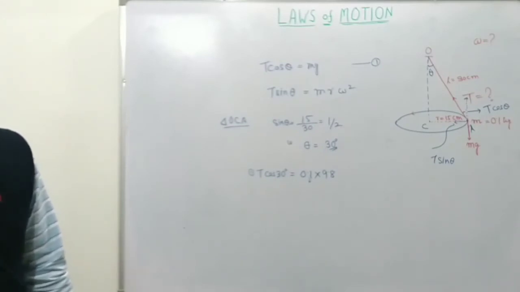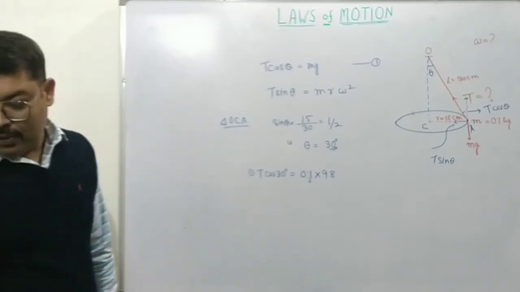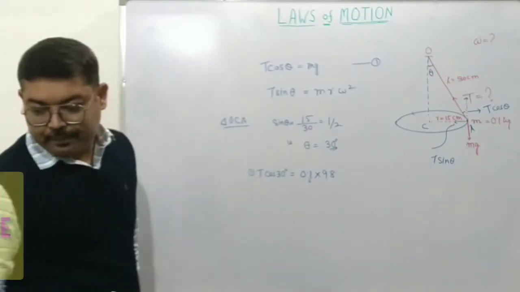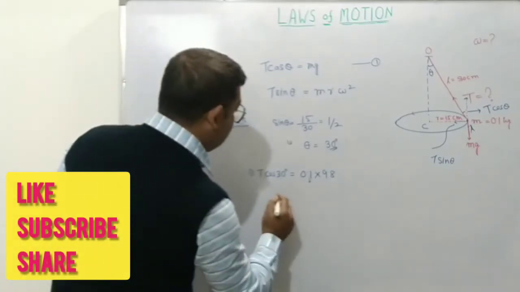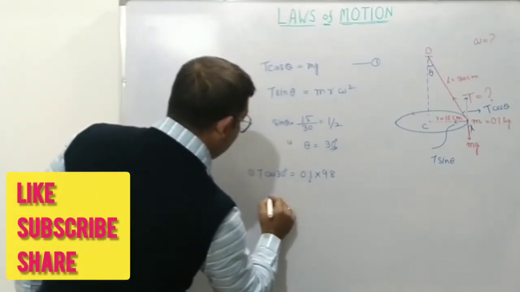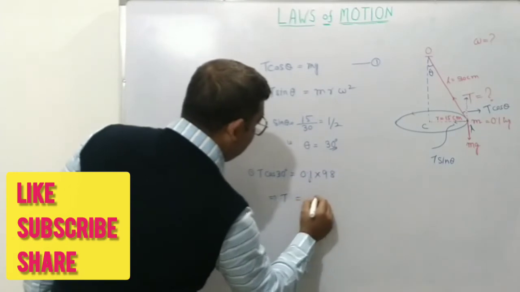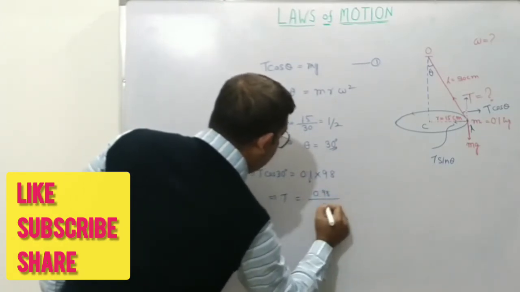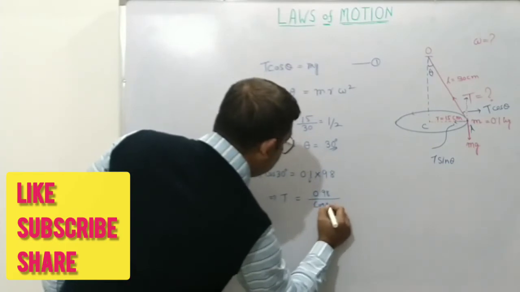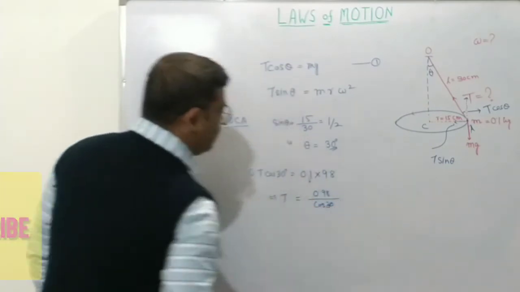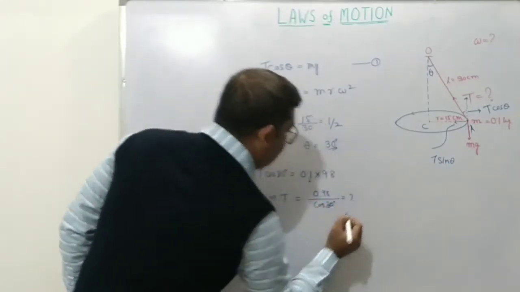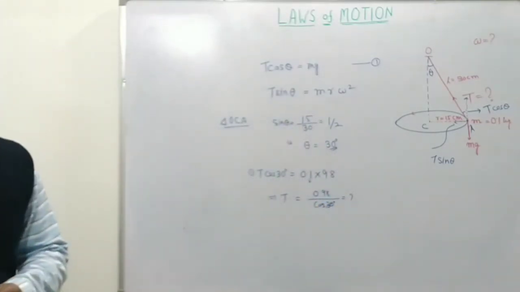And so we can find the value of T by 0.98 divided by cos 30 degrees, which is root 3 by 2, and we can solve this equation to find the value of tension.